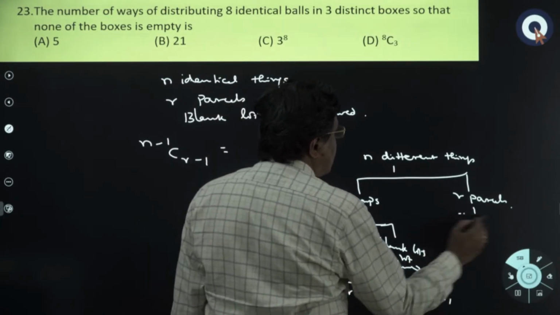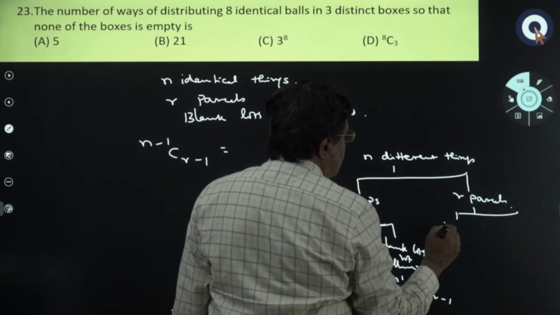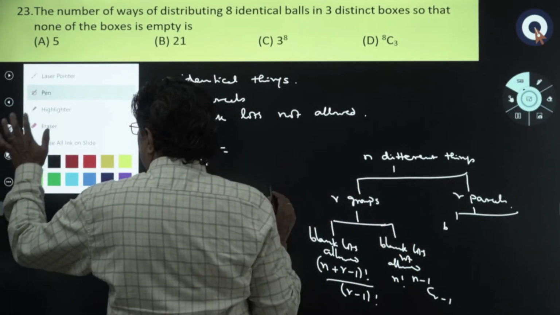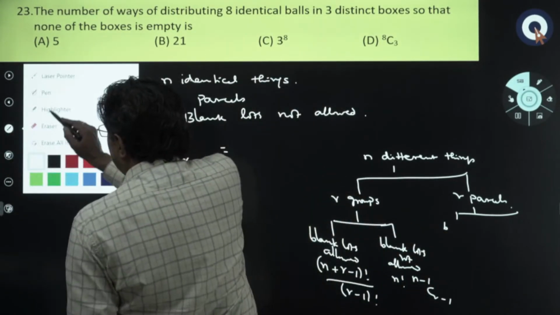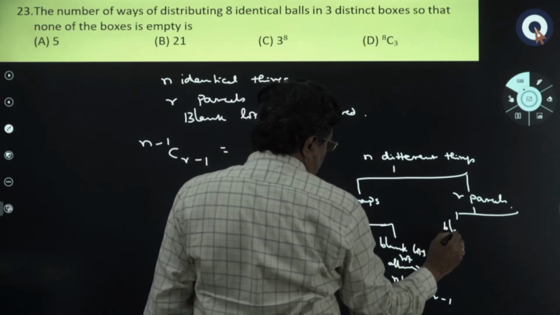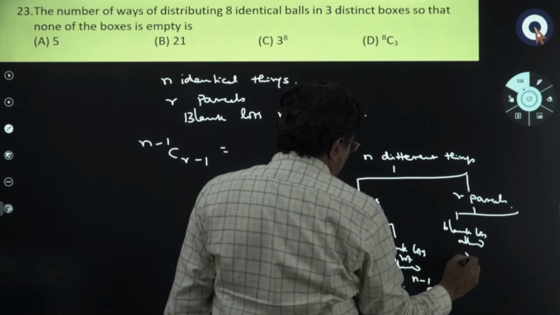So r groups, blank lots allowed, this is r power n.